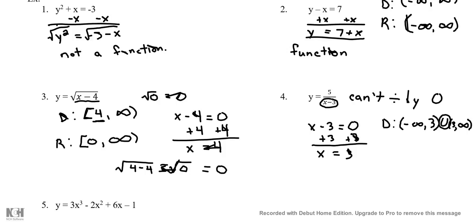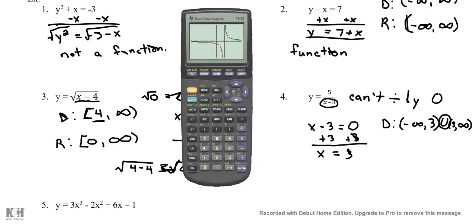The first part of the graph, if I look back at it, goes from negative infinity until that vertical line at 3. So that's covered by the negative infinity to 3 piece. The second part of the graph is the curve in the upper right hand corner. That picks back up at 3 and goes onward forever.